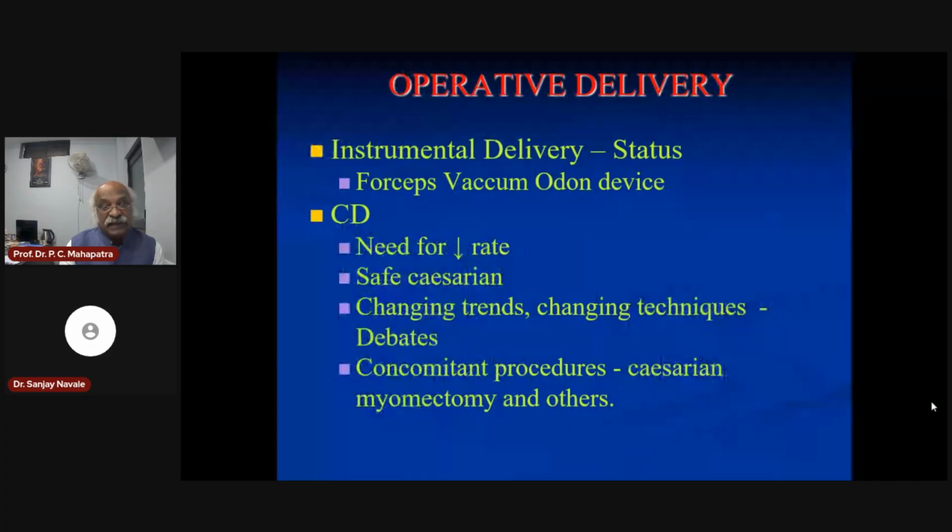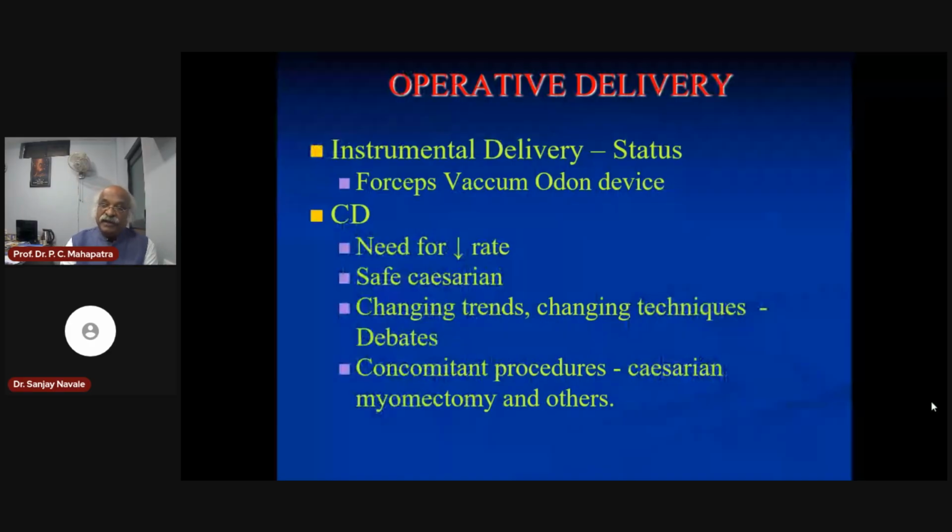But if at all the cesarean has been done, cesarean has now become safe in view of the skill, the good, safer anesthesia, and the facilities of blood transfusion and antibiotics. So cesarean has become very safe now, and as far as the techniques of cesarean are concerned, there is a lot of changing trends and changing techniques.